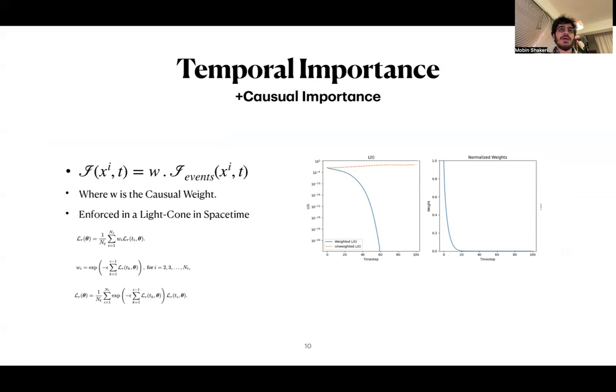We introduce a causal weight W to give more importance to prior times. In this way, this works by defining W as the exponential of all the temporally previous terms of loss, as you can see here.